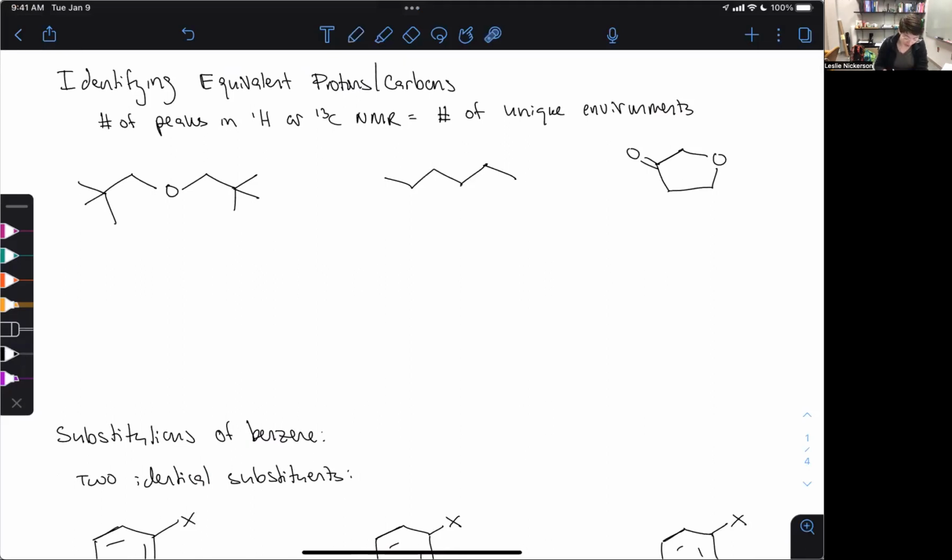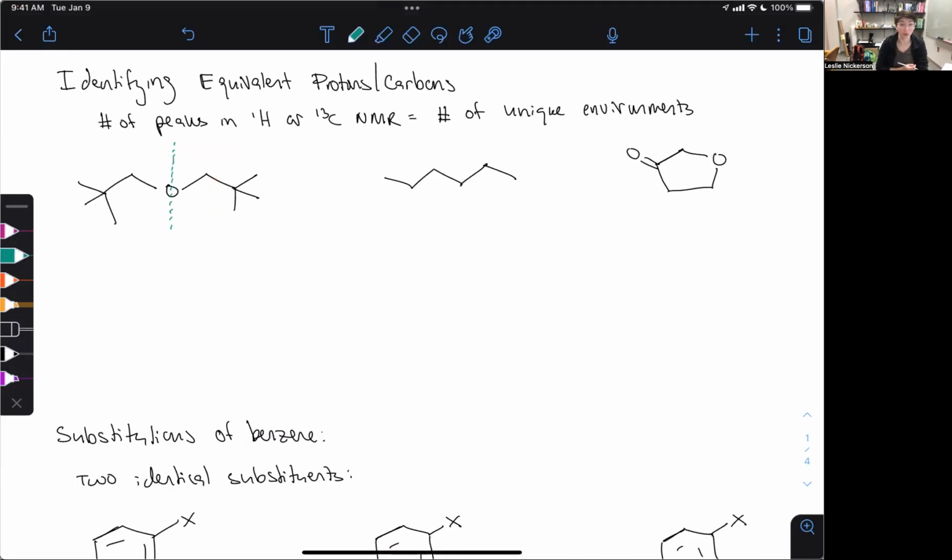So first step, we're just going to start with this molecule here. This one's pretty easy to spot. We have a mirror plane cutting right down the middle of that oxygen. The way I like to do this with NMR is I'll first find as many mirror planes as I can. This one's a little bit weird because of these groups going on, but we'll get to that in a second.